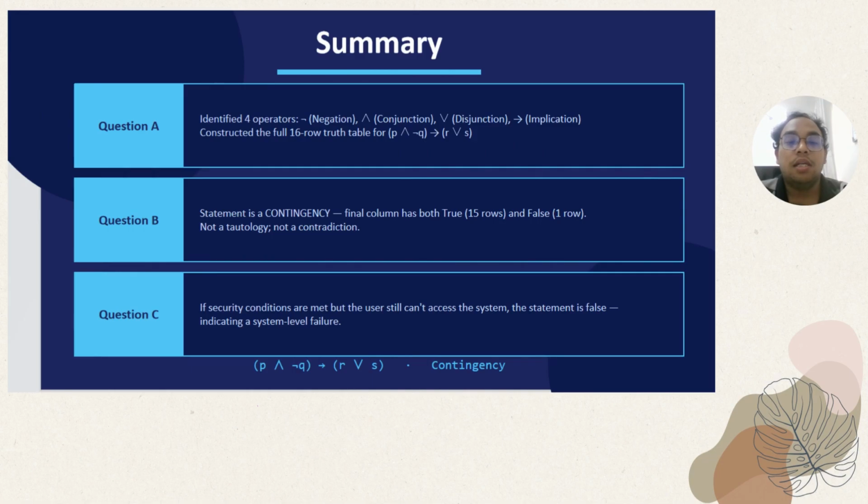It is neither a tautology nor a contradiction. For question C, in a real-world cybersecurity context, this statement tells us that a system meeting its security conditions should function correctly. If it does not, it signals an internal process failure rather than a security problem. That concludes my presentation. Thank you.